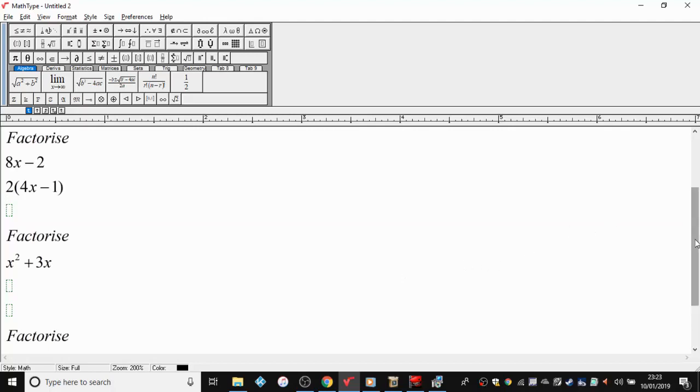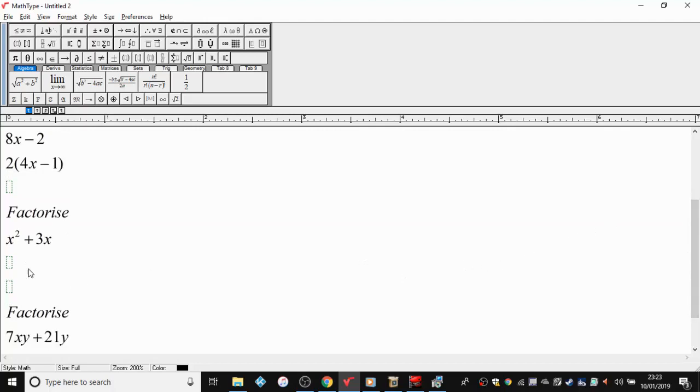Here we have a question like this. x squared plus 3x. As you can see, the common factor is x. That's what's in both the x squared as well as in the 3x.